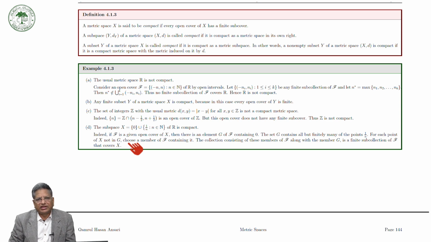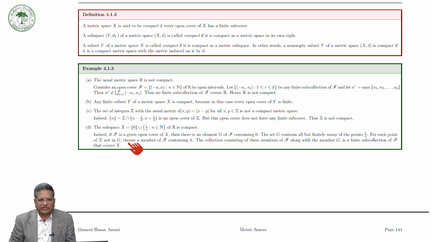We must have a formal definition which is true in all cases, because closed and bounded subsets of R are called compact, but this is not true in general. For example, it may not be true in the setting of metric spaces. So we should give a formal definition of a compact metric space.